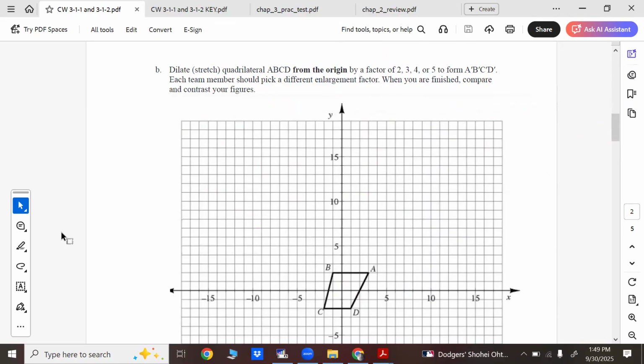Dilate quadrilateral ABCD from the origin by factors 2, 3, 4, or 5 to form A prime, B prime, C prime, D prime. Each team member should use a different enlargement factor. When you're finished, compare and contrast your figures. So actually, I think you guys can handle all these in each of your table groups. So what I'm going to do is make a table. That's probably the best thing to do.